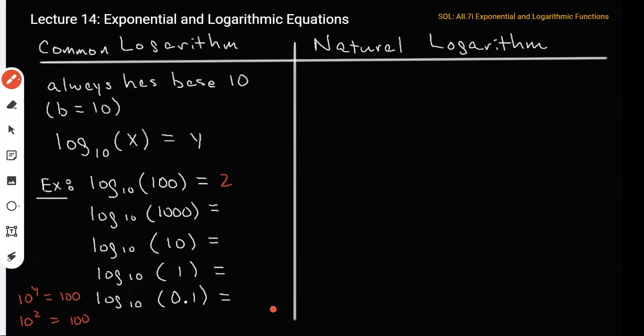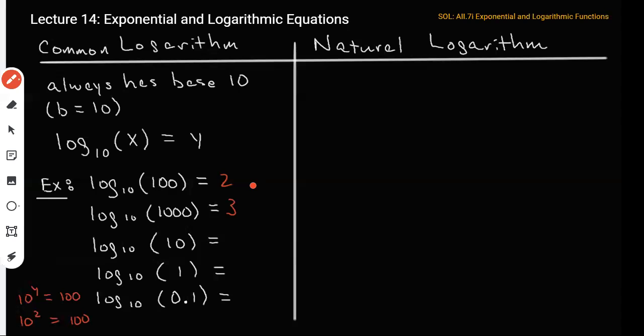Okay. So what exponent do I have to raise 10 to get to 1,000? Well, 1,000 is just another zero up from 100. So instead of 2, this time I'm going to have 3. So 10 to the third power is going to give me 1,000. Okay. What if I just wanted to get back to 10? What exponent do I have to raise 10 to just stay at 10?